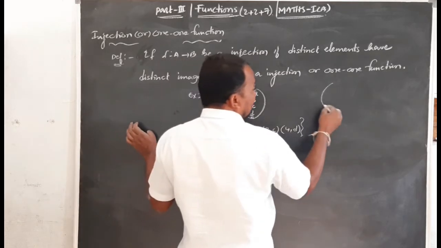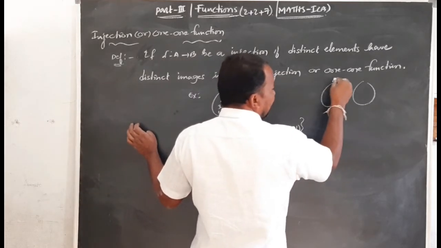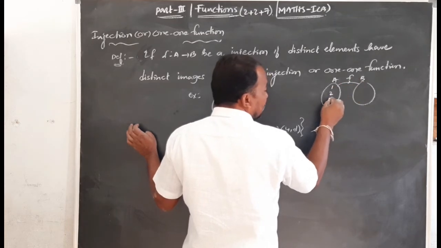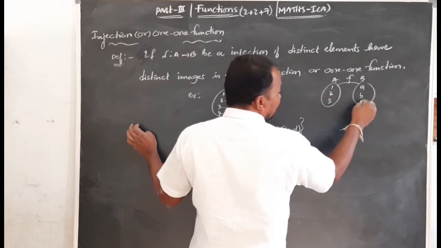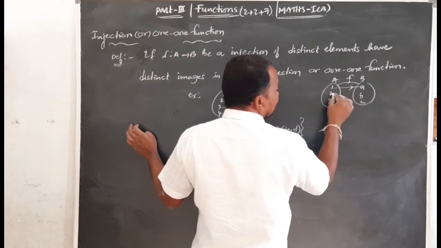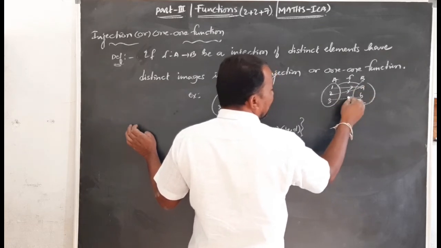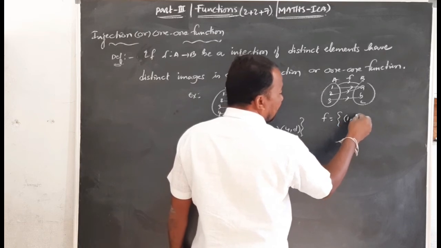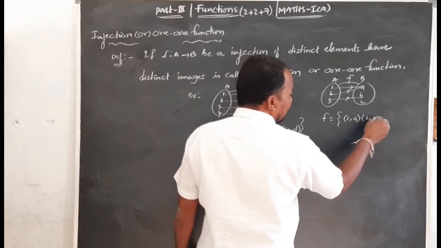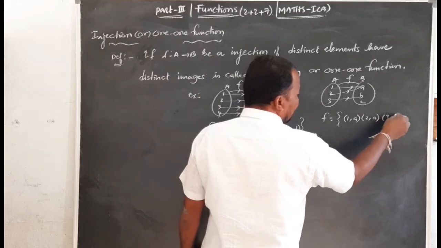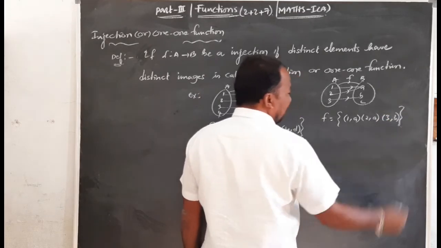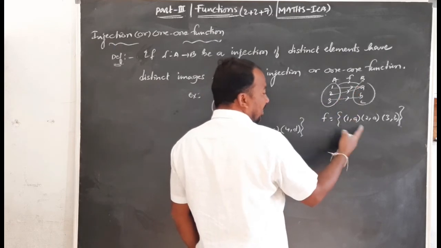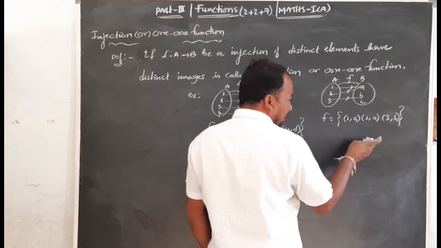Another example. The relation f from A to B, with A equal to 1, 2, 3 and B equal to a, b, c: 1 and 2 to a, 3 to b. So f equals (1, a), (2, a), (3, b). Here the image of 1 equals a, and the image of 2 equals a.